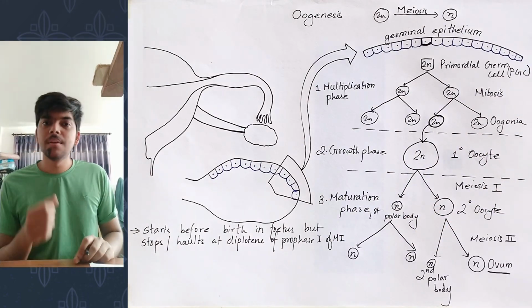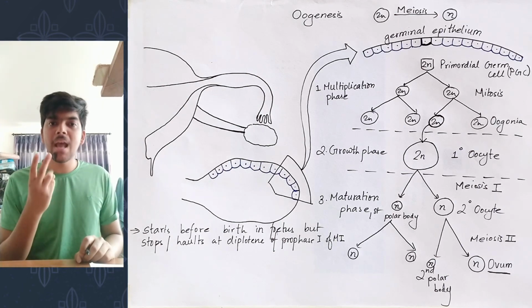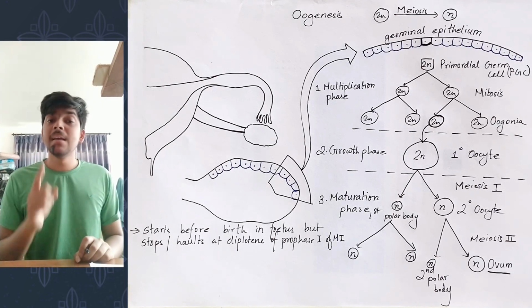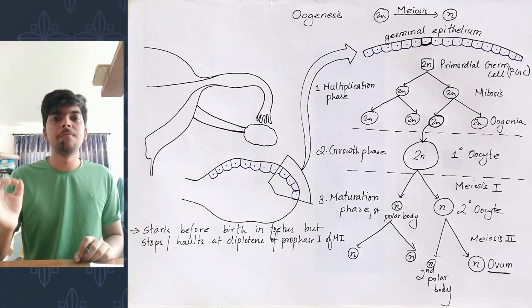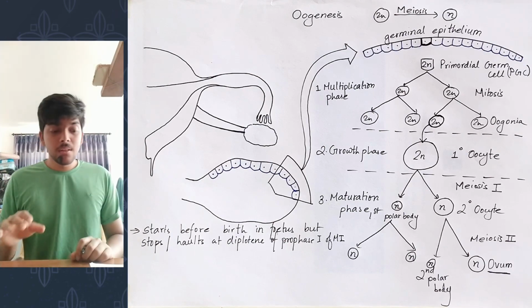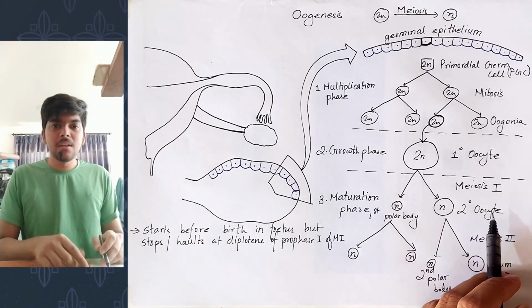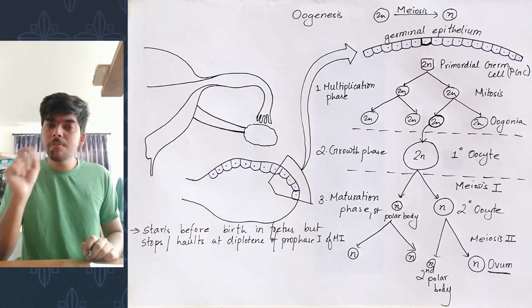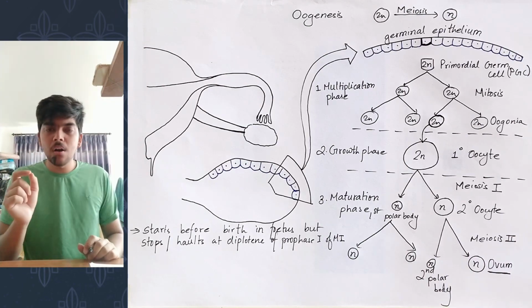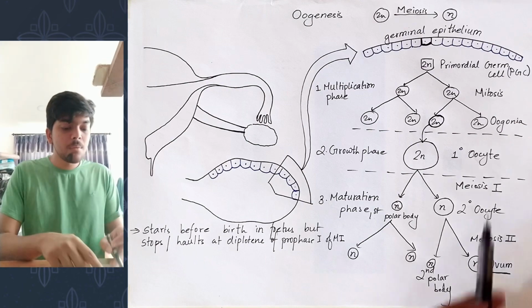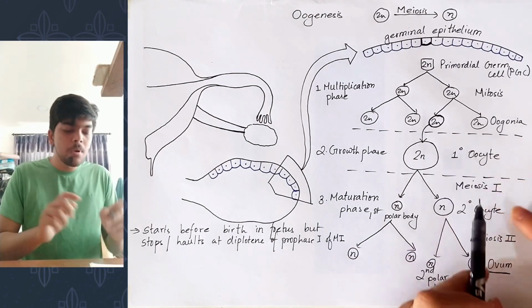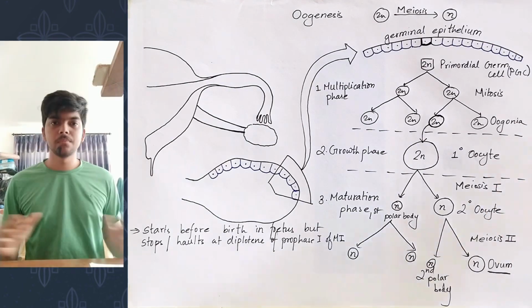In meiosis 1, there's prophase 1, metaphase 1, anaphase 1, telophase 1. Inside prophase 1, there's a phase called diplotene phase. The primary oocyte stops at the diplotene phase of prophase 1 of meiosis 1. That is, primary oocyte is unable to form secondary oocyte.